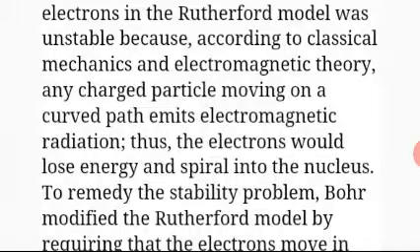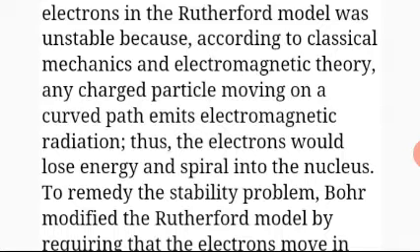During circular movement, as it loses energy, the circular path continuously decreases between the center, that is the nucleus, and the orbit. This was explained by classical electromagnetic theory: the electrons would lose energy and spiral into the nucleus.